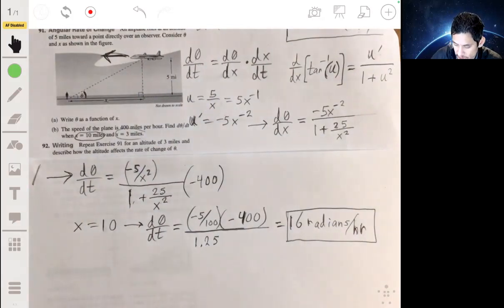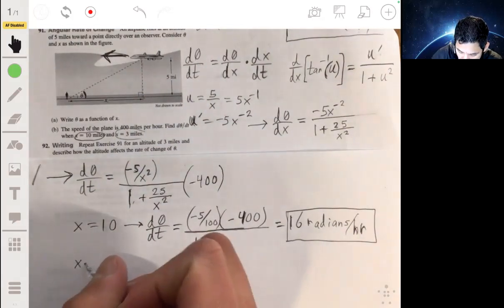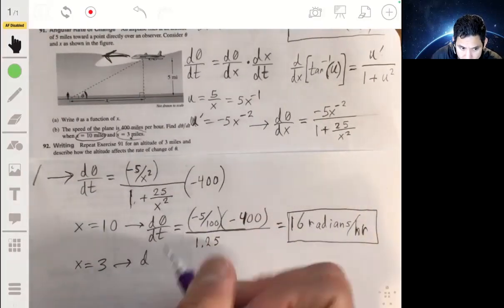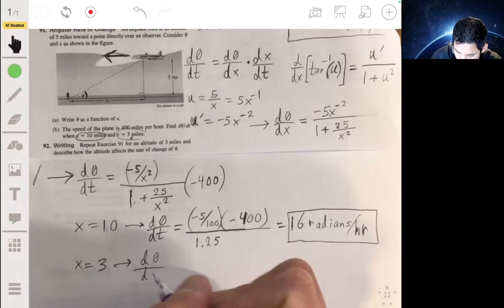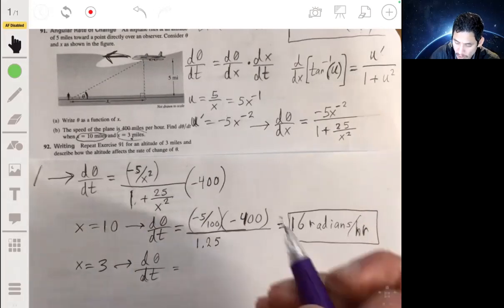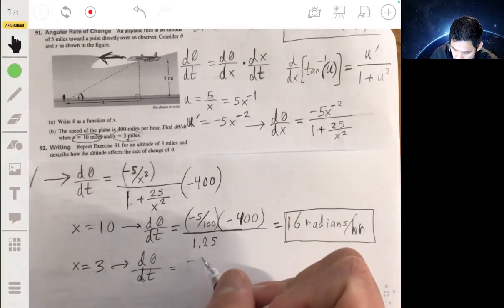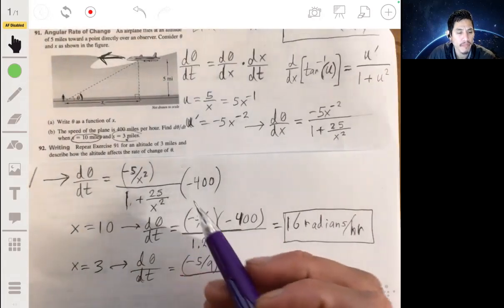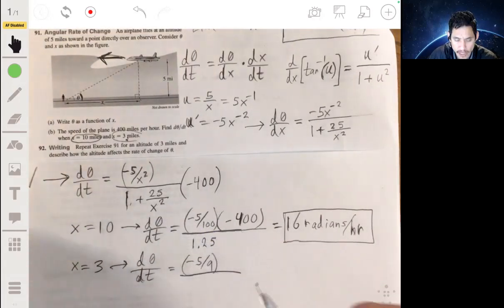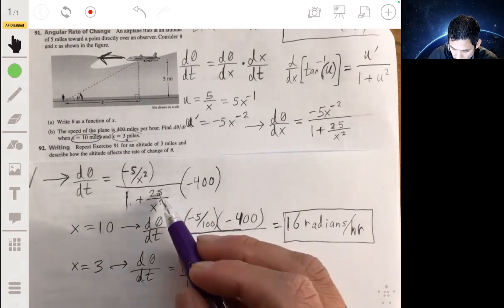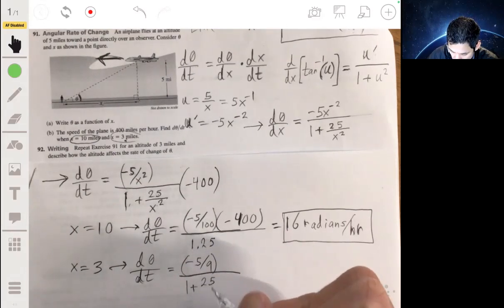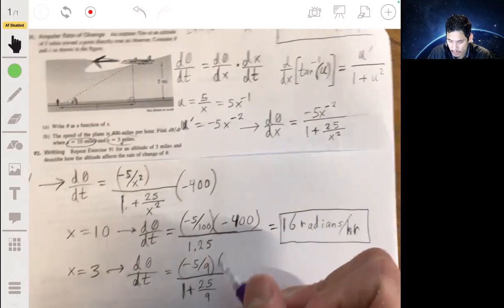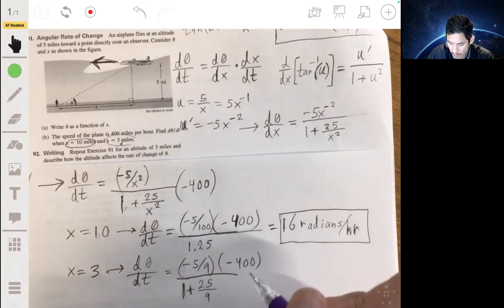Now we just need to do the problem for x equals 3 for the second part. X equals 3, d theta dt will be -5 over 9, all over 1 plus 25 over 9, this whole thing times -400.